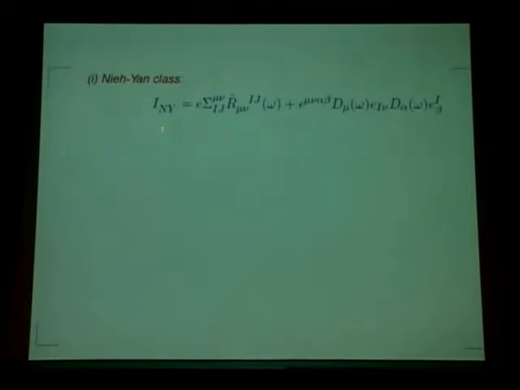Its form is e times sigma mu nu ij, the antisymmetrized product of inverse tetrads, times R mu nu ij dual in the internal space ij, plus epsilon times the covariant derivative of tetrad, completely antisymmetrized in all the indices mu, nu, alpha, beta. This is indeed a total divergence, as a topological density should be, and I have explicitly written it down here.